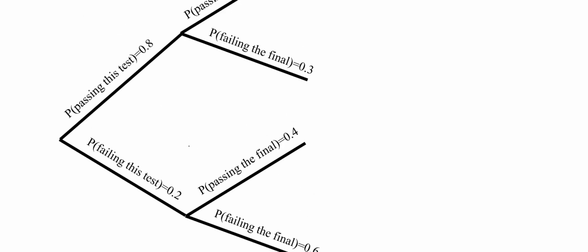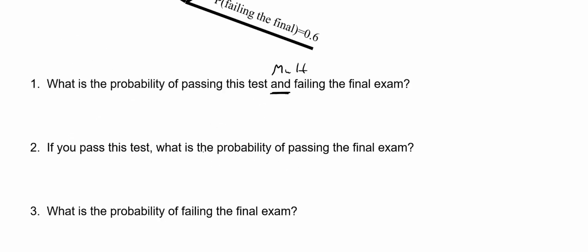It's 0.8. Failing the final is 0.3. So it's multiplication: 0.8 times 0.3. So the answer for that one is 0.24. So the likelihood of that happening, well, you can pass the test, that's more likely, but failing the final, not very likely, if you're passing the test.